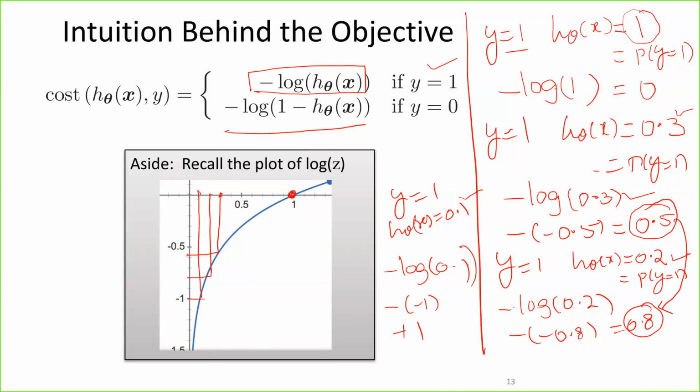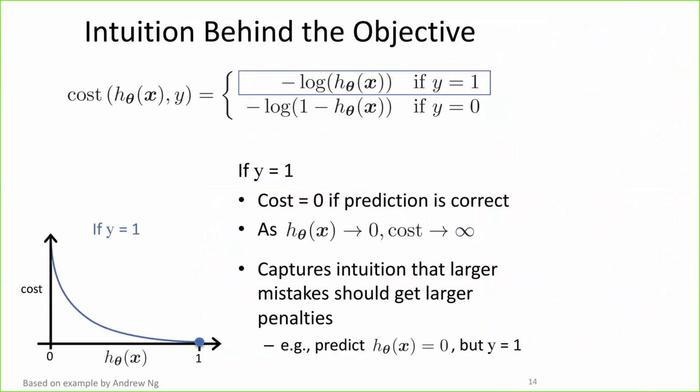All right, so that is the intuition behind this objective function. Is this point clear? What is the intuition behind the objective function? So when y equals 1 and h theta of x equals 1, the cost or the penalty is 0.